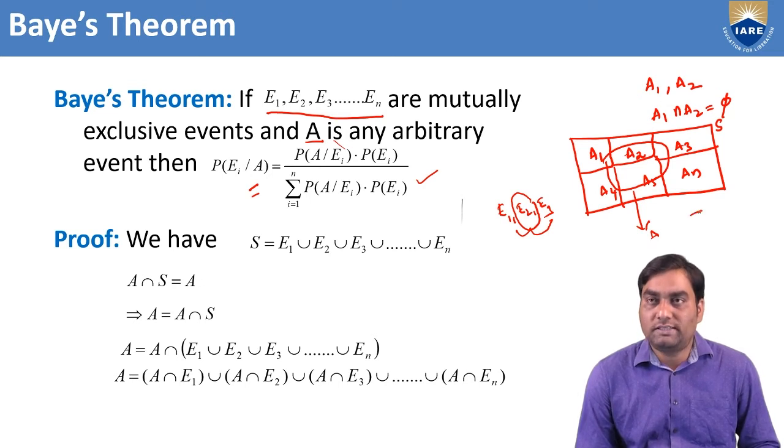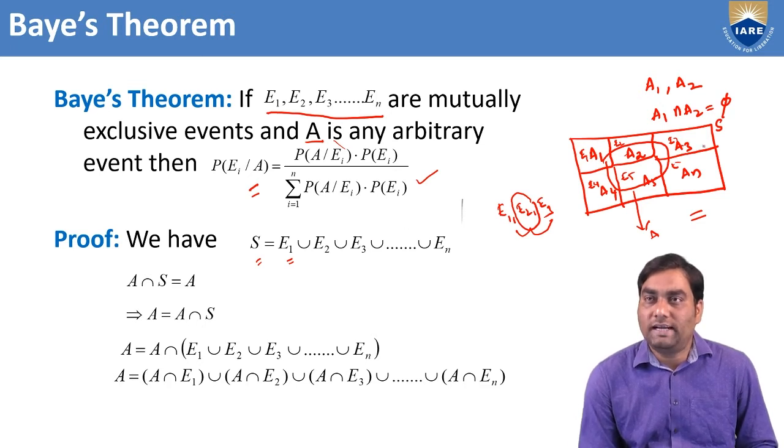According to this diagram, we first write S, meaning the sample space. Can I write S equal to A1 plus A2 plus A3 plus A4 plus A5 plus An? That means union. E1, E2, not A1, E1. E1 or A1, both are the same. Assume this is E1, E2, E3, E4, E5, En.